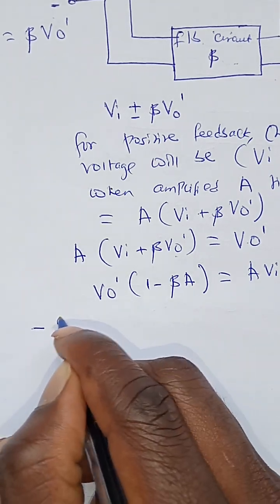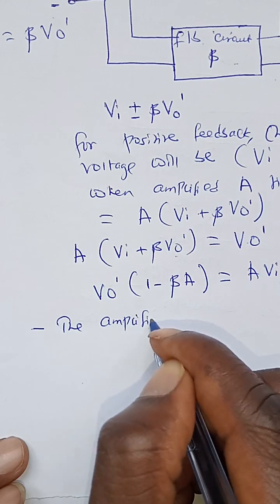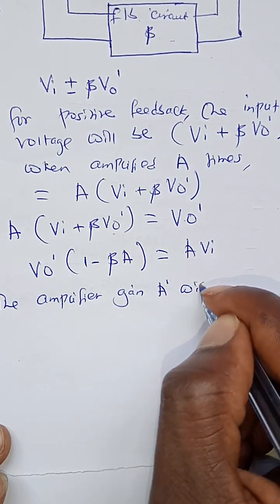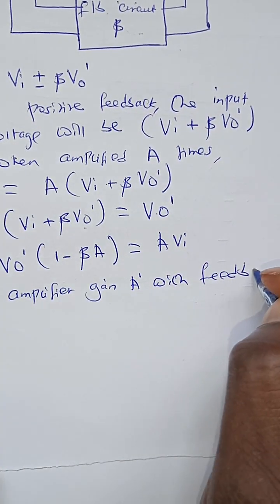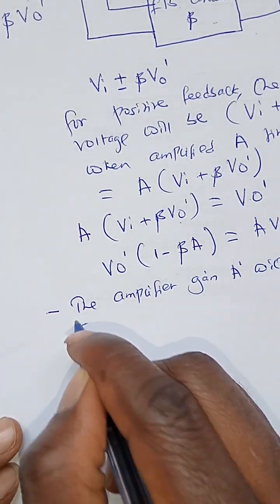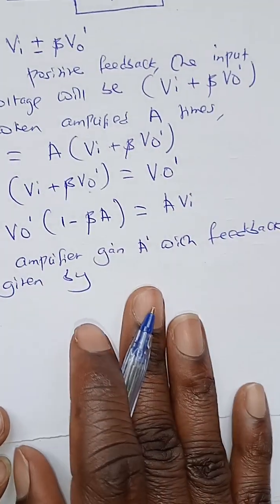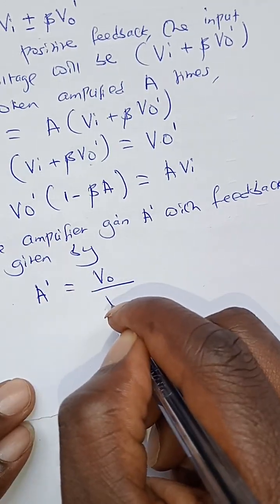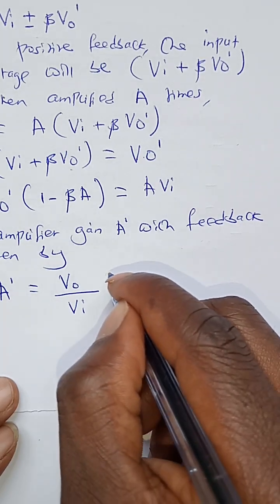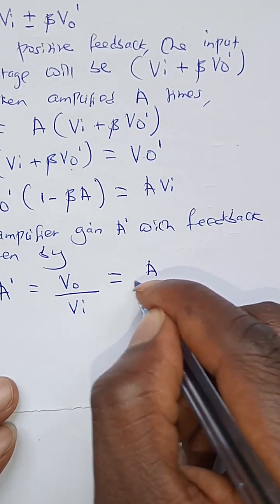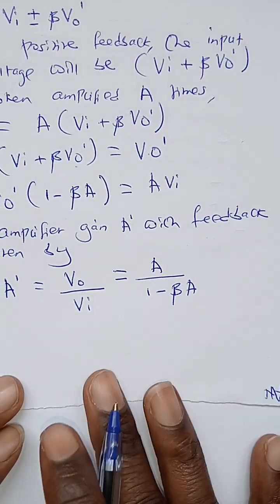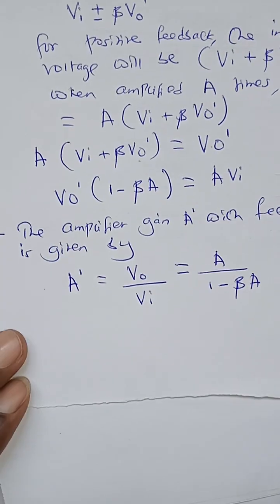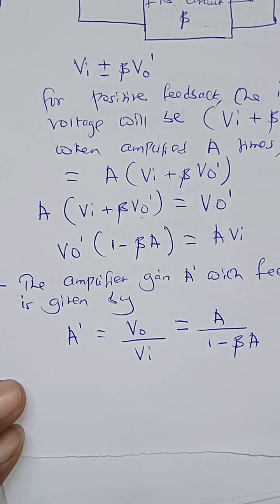So the amplifier gain with the feedback is given by A prime equal to Vo over Vi, which will be equal to A over 1 minus beta A. So this is the case of an amplifier where we applied positive feedback.